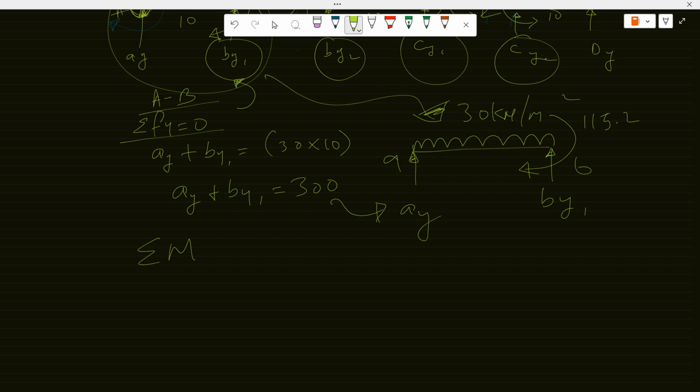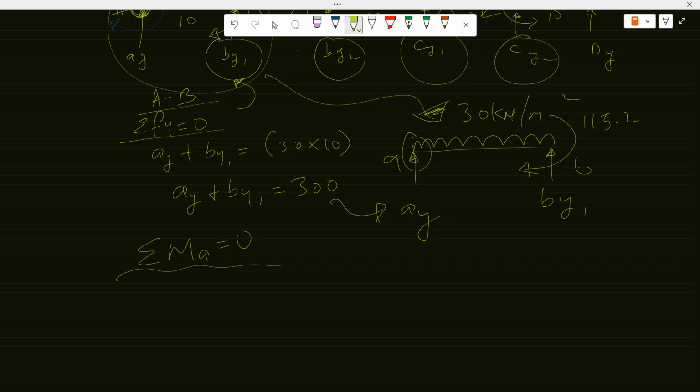So summation M_A is equal to 0. It means that about this point A, the sum of all my moments is 0. But how I like to do mine, which is the same thing as what you might do for yours, is that I say anti-clockwise moment is equal to clockwise moment.